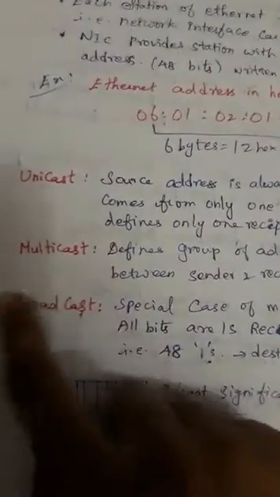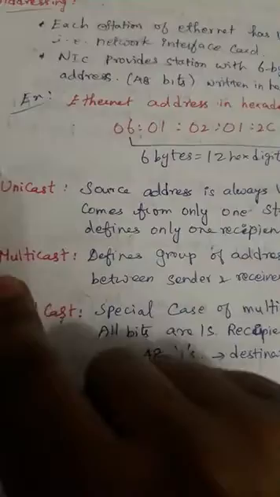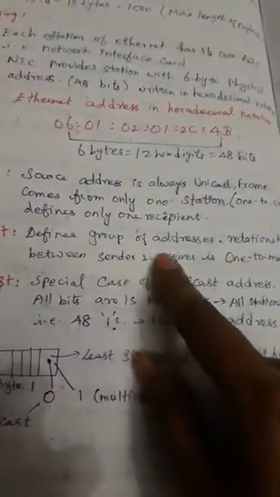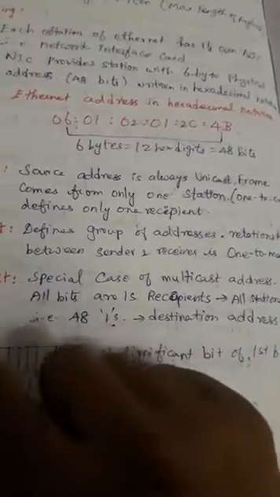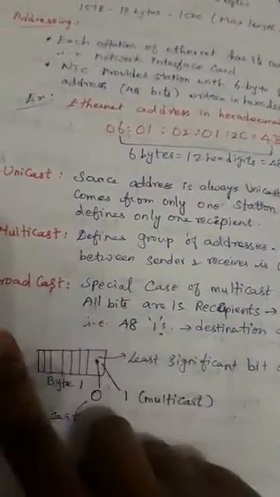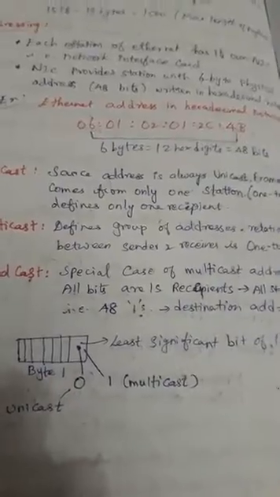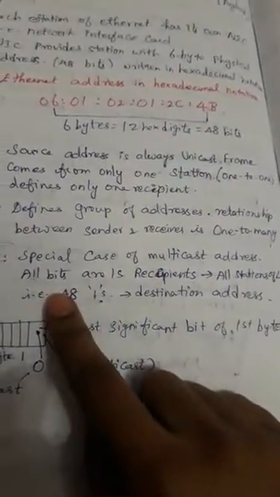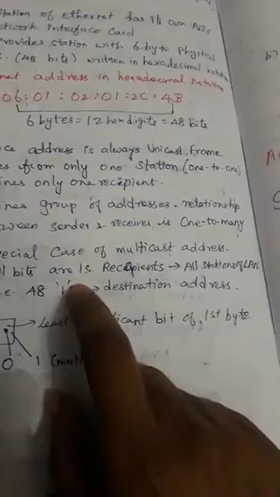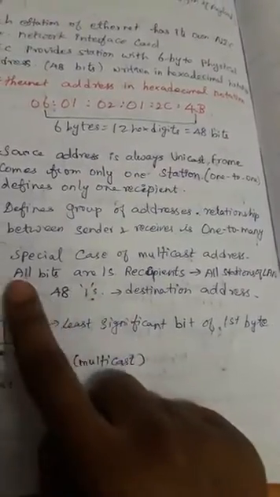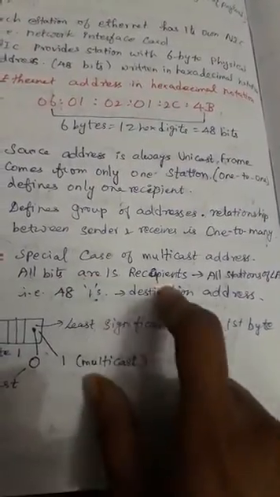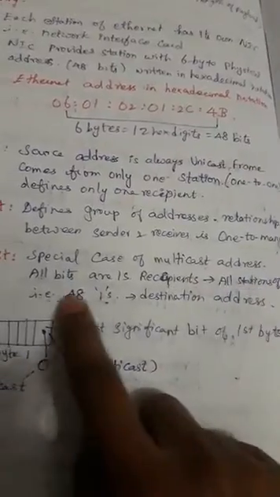Multicast address defines a group of addresses, a relationship between the sender and receivers that is one to many, one station and many recipients. In a broadcast address, all bits are ones, and the recipients are all stations of the LAN.